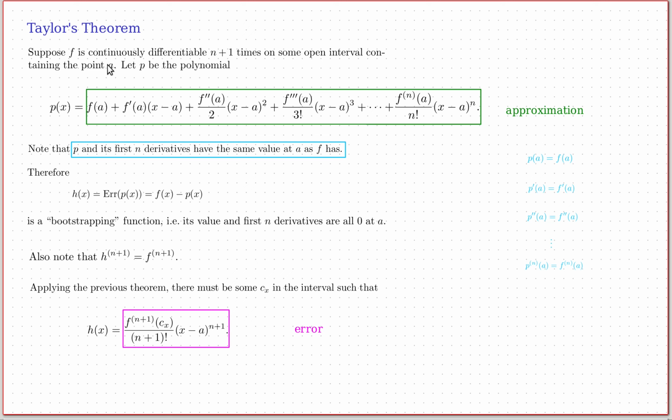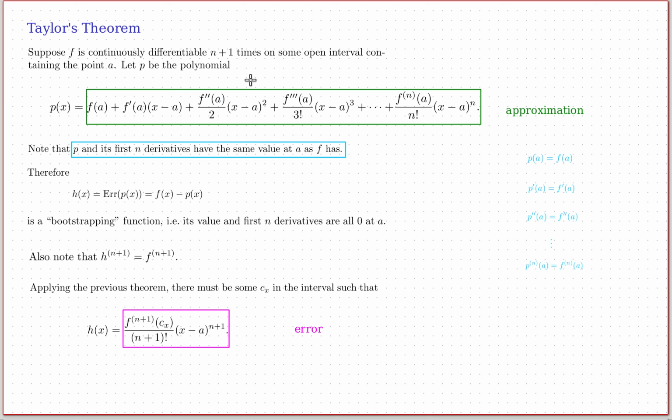And we'll define a polynomial p that we will use to approximate f. And p is defined in terms of powers of x minus a. So it's got a constant term, a first power term of x minus a, and a second power term, x minus a squared, and so on.